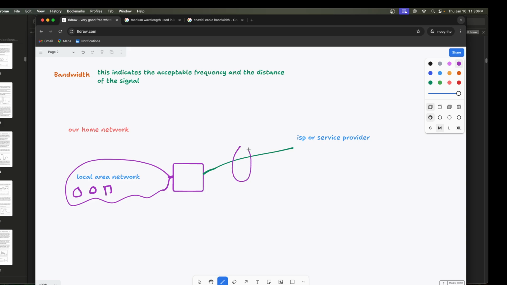So now this wire will have a specific bandwidth. Okay. So this is our modem, right? Why it's a modem, we'll see in some other video. It is a modulator demodulator. So the short form is modem. This is modem. Full form is modulator demodulator.